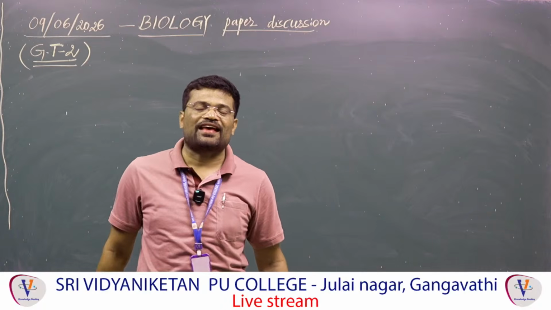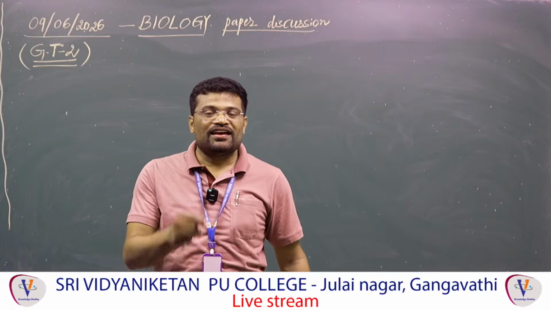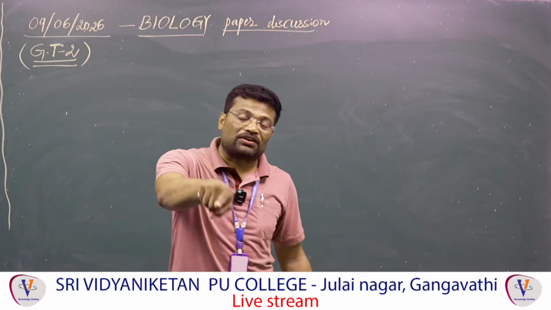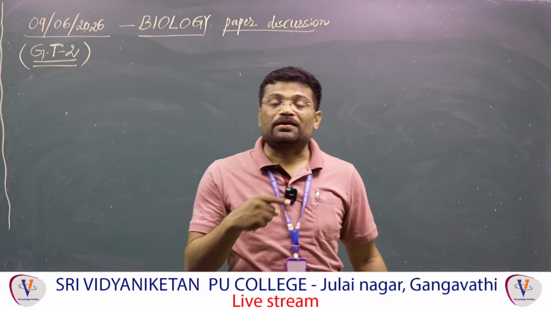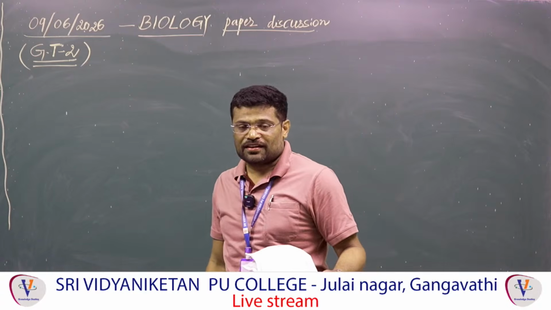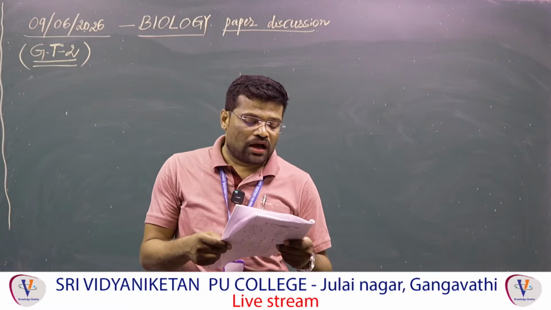Each islet is composed of 2 major cells, namely alpha cells and beta cells. Alpha cells secrete glucagon hormone, but beta cells secrete insulin hormone. Answer is 2.